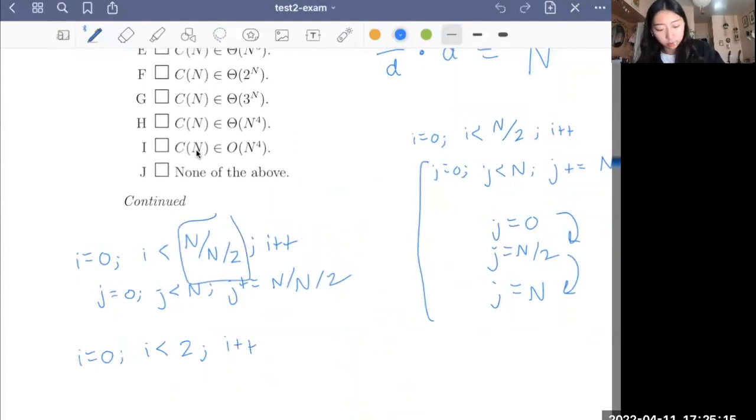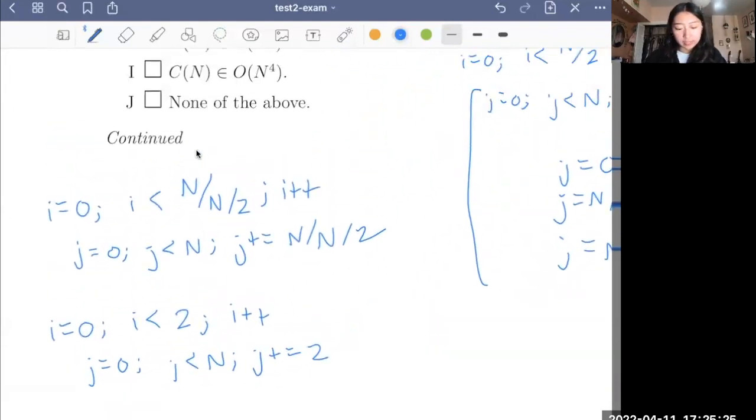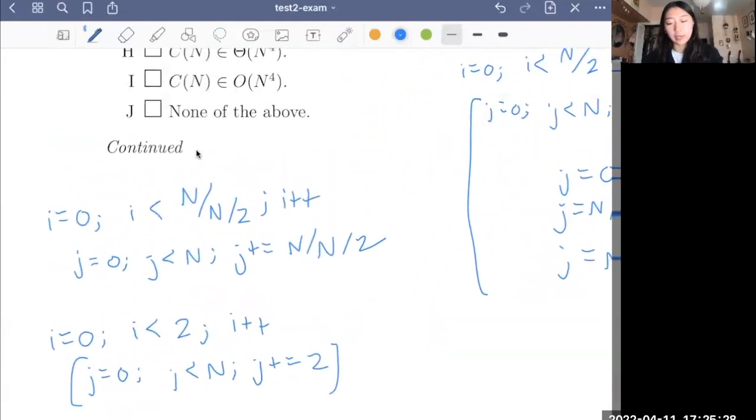That's what this works out to. And the inner loop is j equals 0, j less than n, j plus equals 2. And so now what happens? Well, the inner loop is essentially linear, because we're going all the way up to n and we're just incrementing by 2 each time. But the outer loop is now constant.